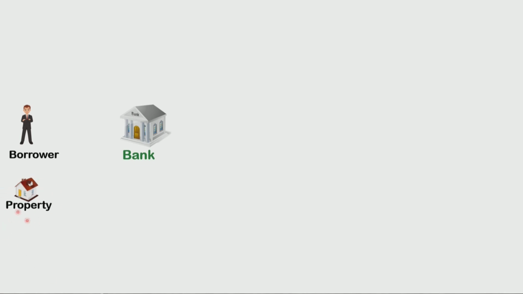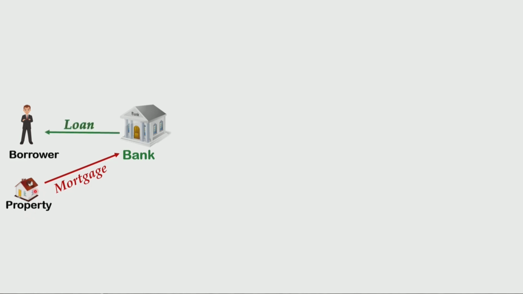This property is going to be mortgaged with the bank for the purpose of availing a loan facility. That means the loan the borrower is seeking is a loan against this property. So the property is mortgaged with the bank and the bank sanctions the loan to the borrower.